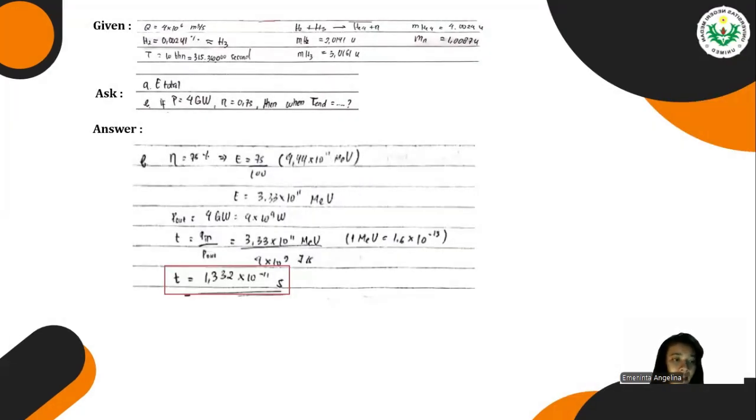And for B, where the efficiency is 75%, we get the energy is equal to 75 over 100 times 44.44 times 10 to the power of 11 megavolt.